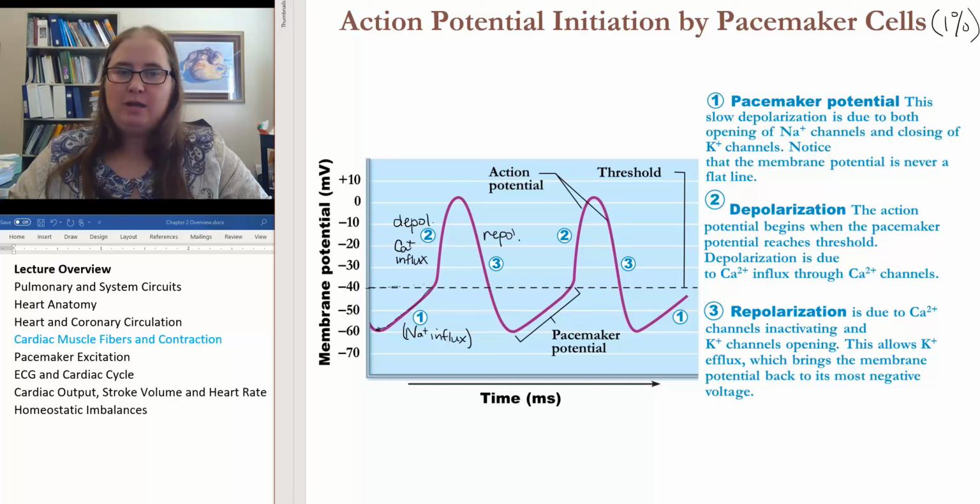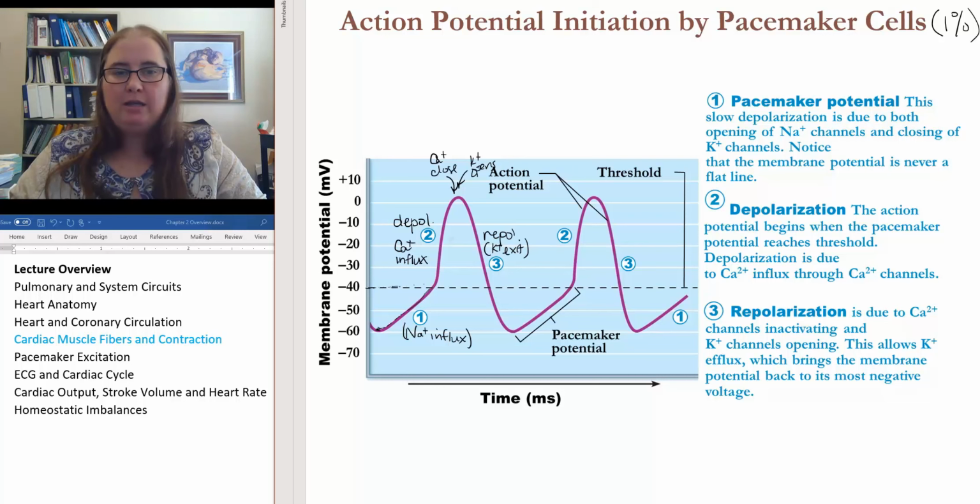Okay? So we hit threshold, this calcium channel opens, a whole bunch of calcium flows into the inside of the cell. We get up here, calcium channels close, right? Potassium opens, and we repolarize. So this is potassium exiting.